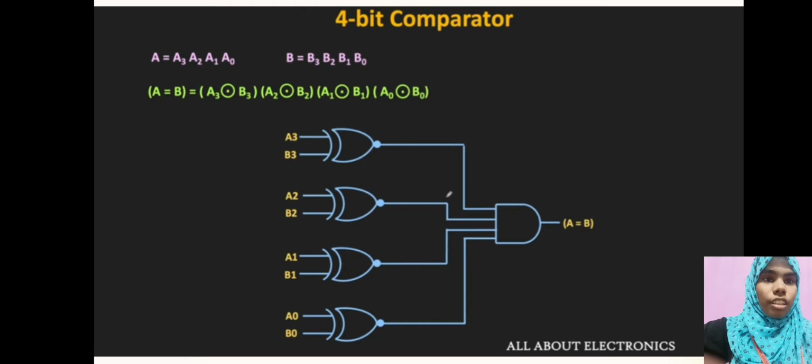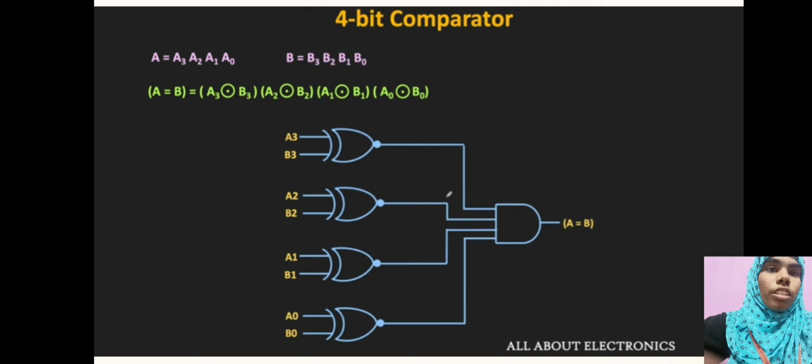When A3 and B3 are inputs, they are connected with the exclusive NOR operation. We use the exclusive NOR operation, and the A3 exclusive NOR B3 output will come to the AND gate.